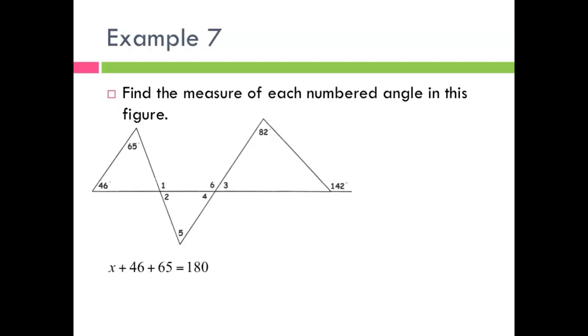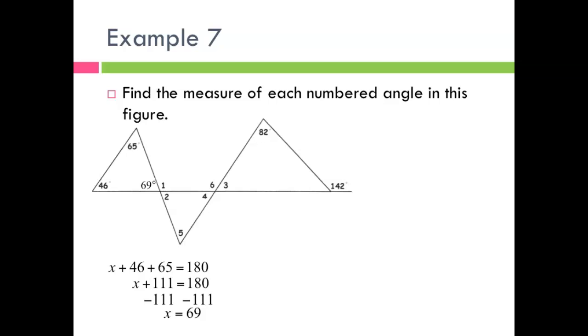So x plus 46 plus 65 equals 180. So this is x plus 111 equals 180. Subtract 111 from both sides, we get x is equal to 69. All right, so now that we know that that measure is 69, now we can find the measure of angle 2.